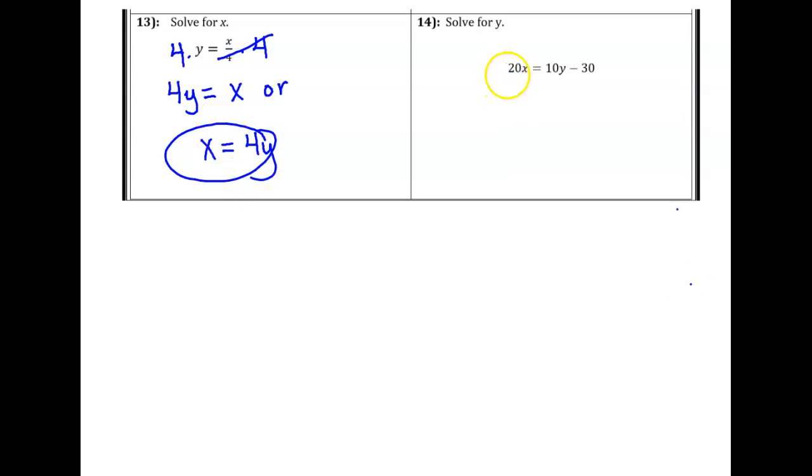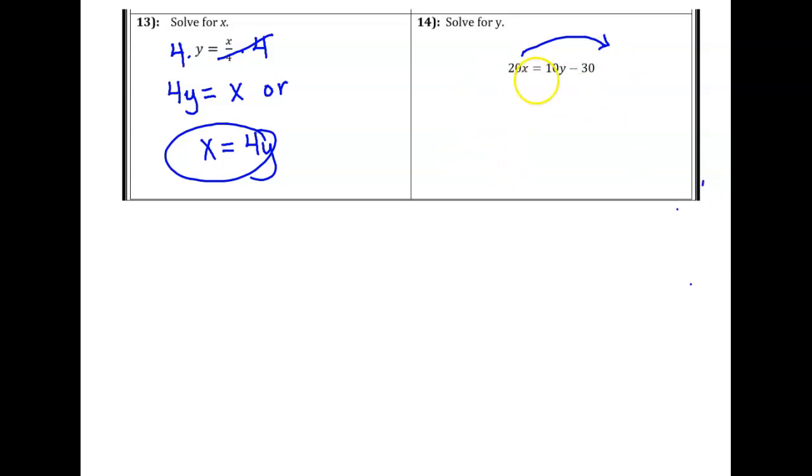So we're going to take the 20x and move it to the other side, and we're going to do that by subtracting 20x on both sides. When we do that, we end up with negative 10y is equal to... oops, hold on a second. I am making a mistake here. Go back to this one here. All right, so this is an equal sign. It's looking weird on my screen.